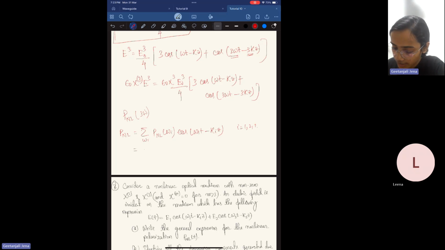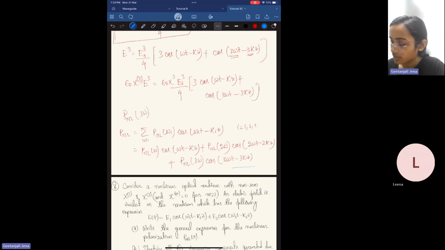So that means you can write this as P_NL(omega) cos(omega t minus kz), plus P_NL(2 omega) cos(2 omega t minus 2 kz) plus P_NL(3 omega) cos(3 omega t minus 3 kz).